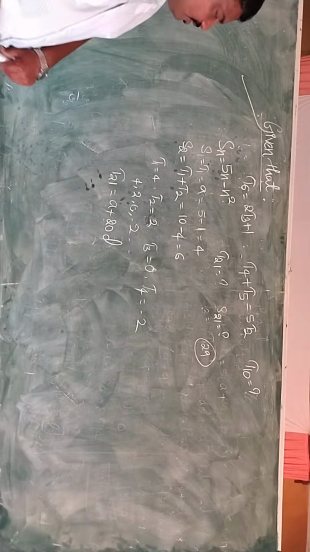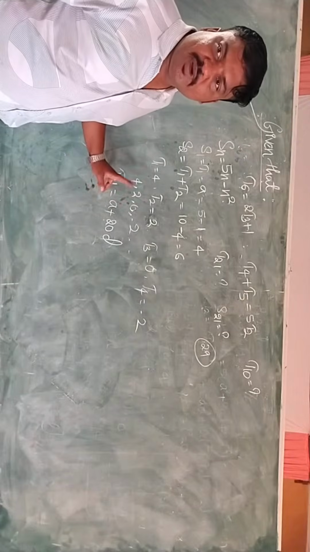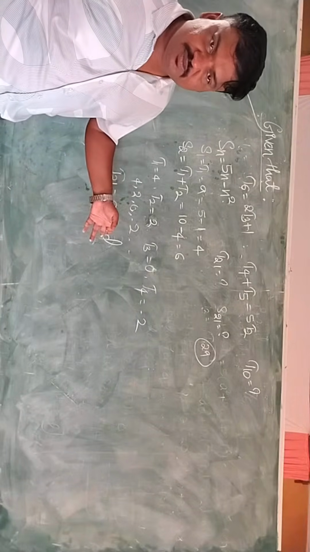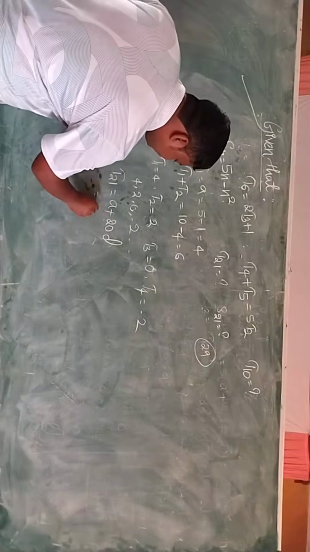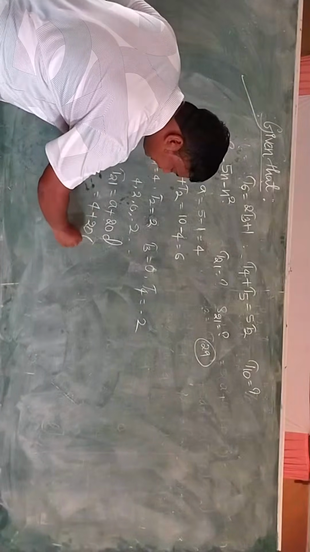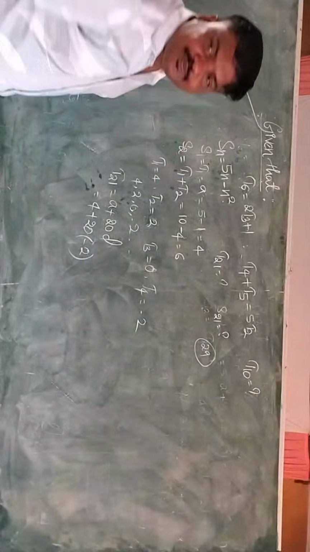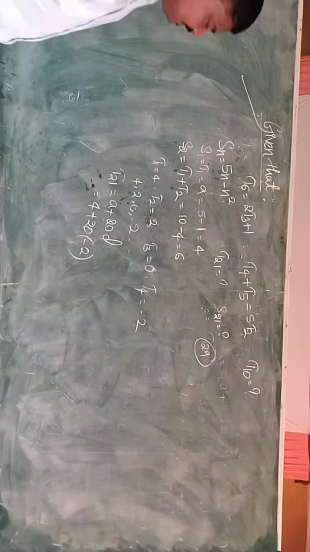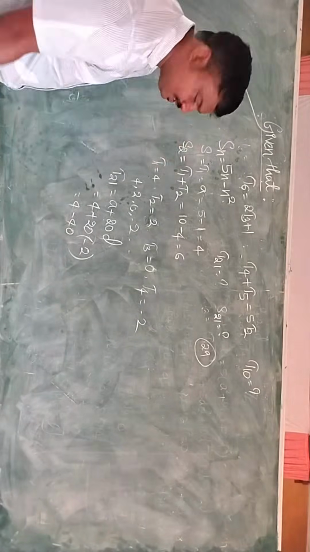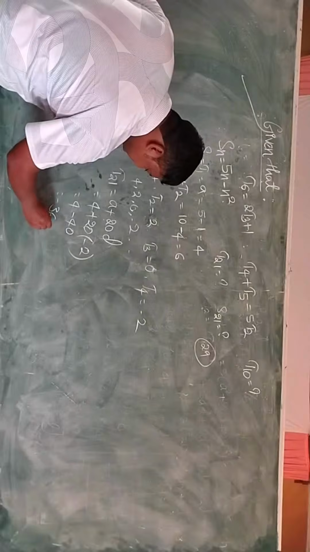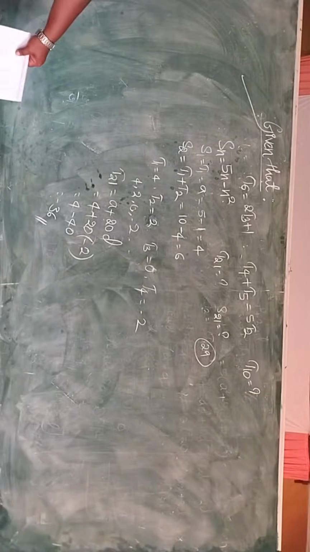D is equal to T2 minus T1, that is 2 minus 4, so D is minus 2. And A is 4. So 4 plus 20 into minus 2 is minus 40. So T21 is minus 36.